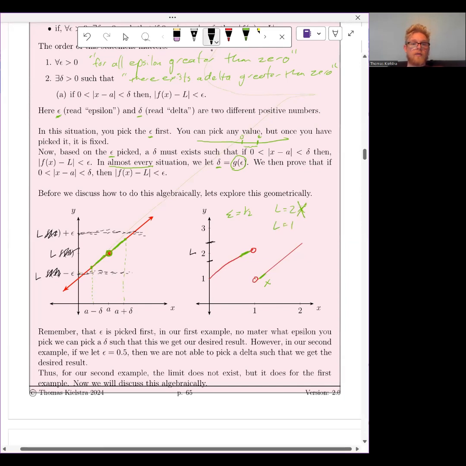If I once again do a quarter about 1, now the limit from the right does work, but the limit from the left doesn't work. And if I let L equal 3/2, that's here, and neither limit works. In fact, no L works. There is no L such that for epsilon equaling 1/4 there exists a delta greater than 0. So because of this, the limit doesn't exist.